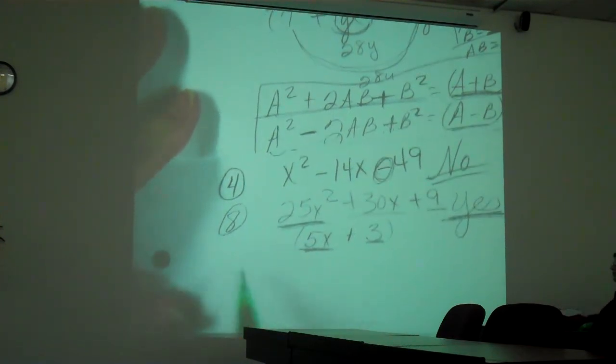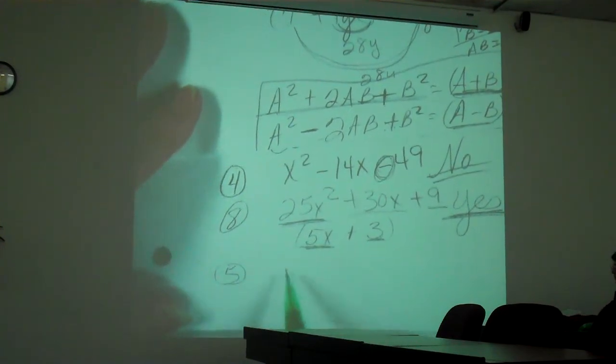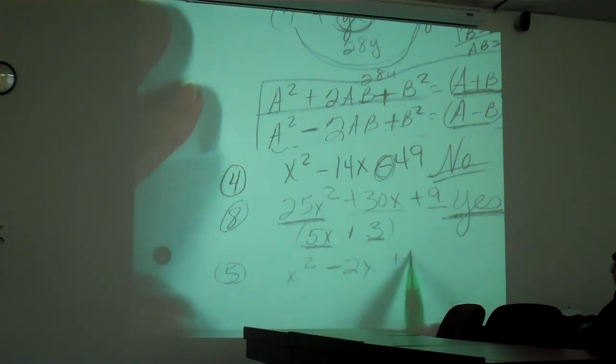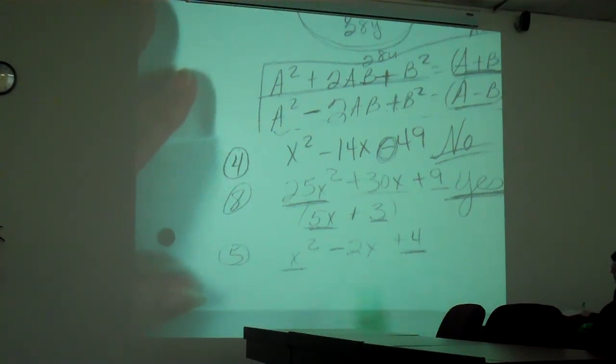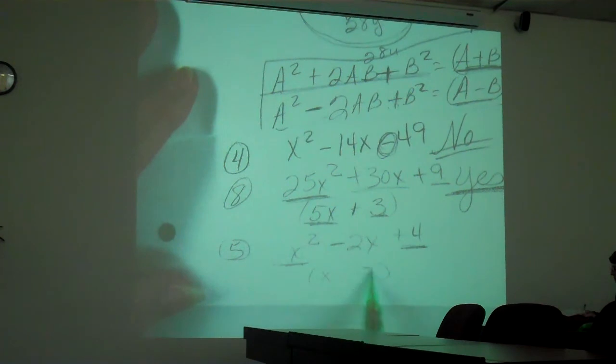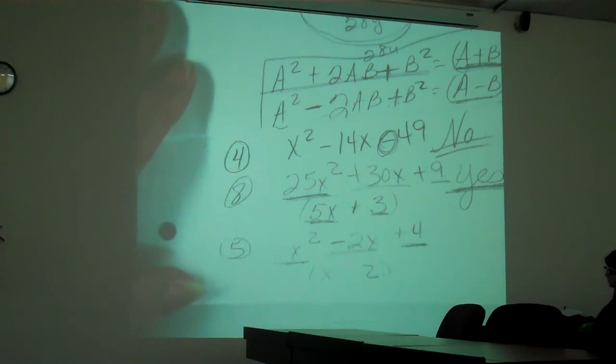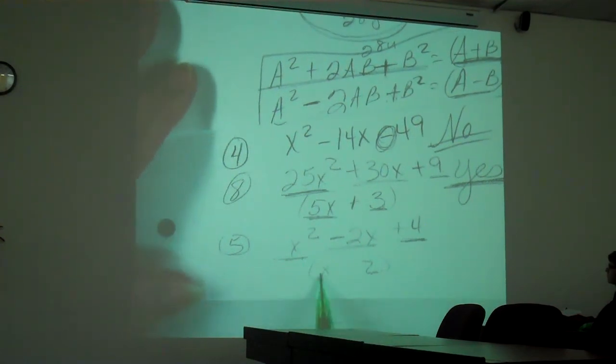Okay, let's see. Number 5 says x squared minus 2x plus 4. Okay, first of all, is that a perfect square? Yes. Is that a perfect square? Yes. So when we do it, we would have an x and a 2. When we double 2x, do we get the middle term? Yes. When we double 2x, we should get 4.